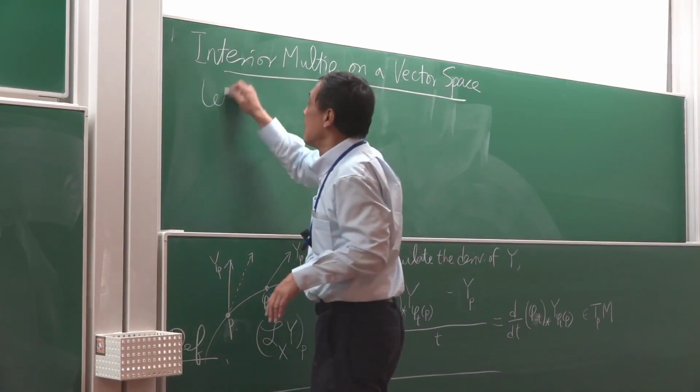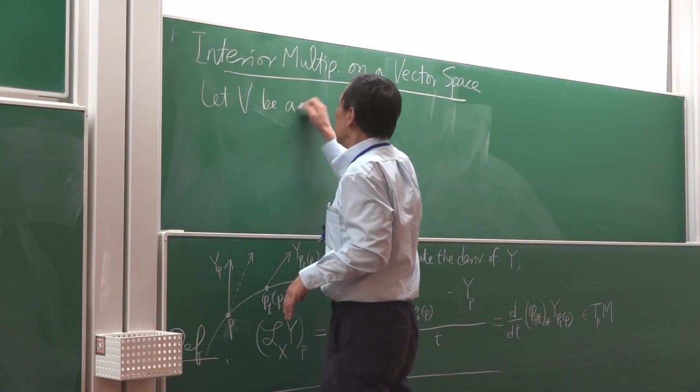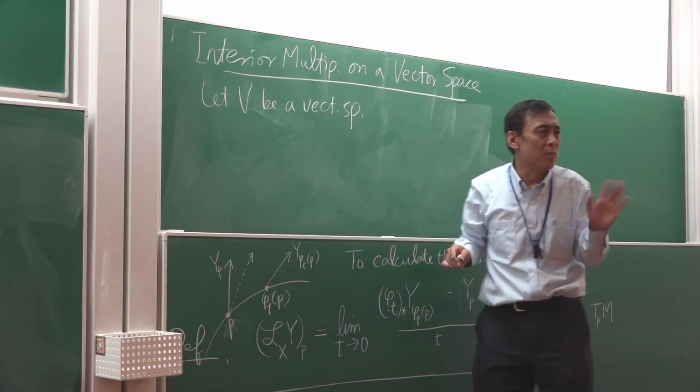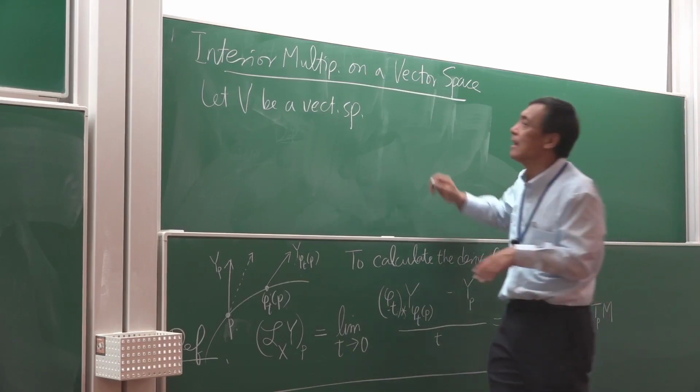Okay, so let V be a vector space. And for me, a vector space is always a real vector space, okay?